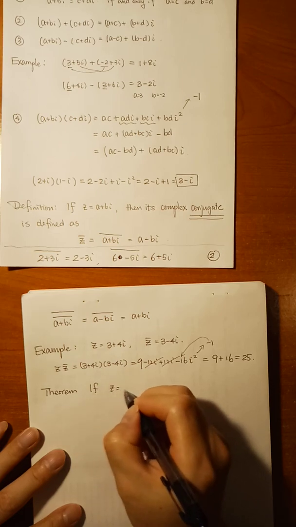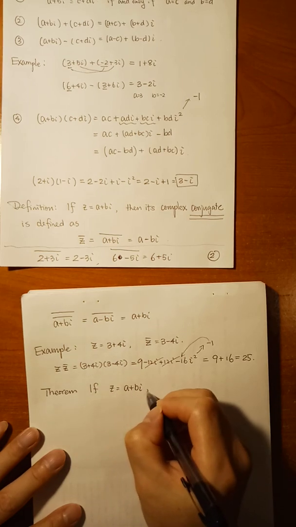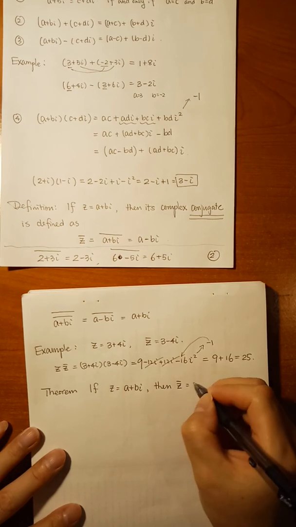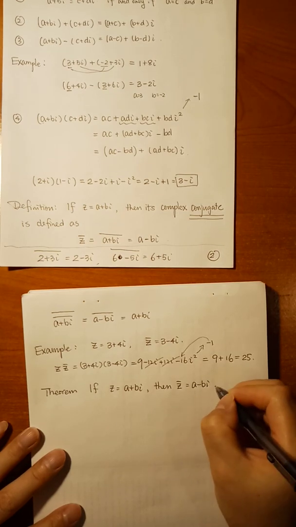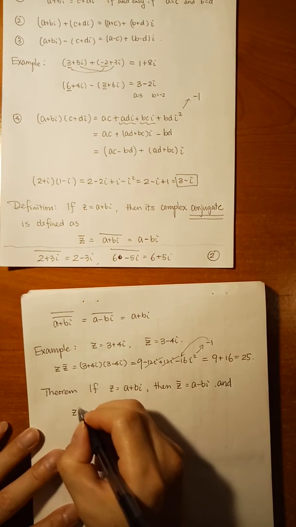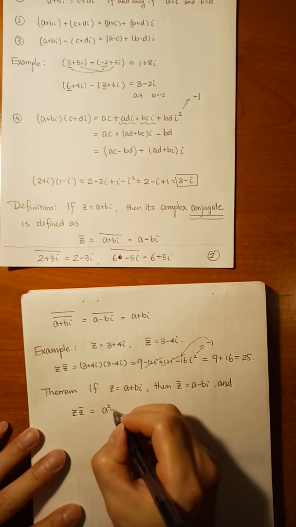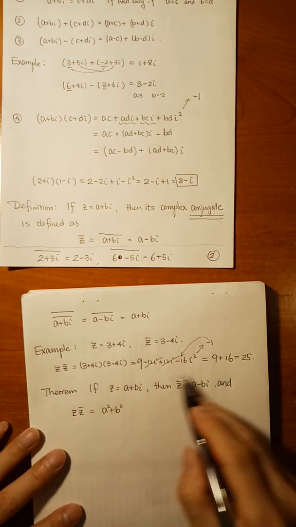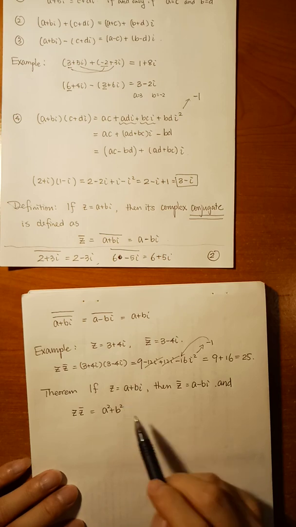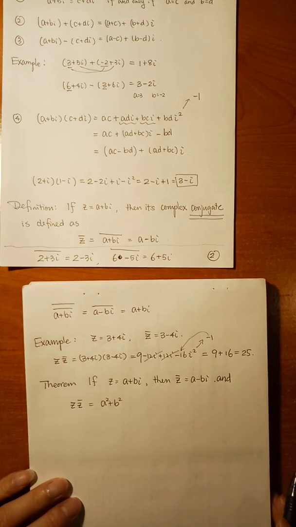If z is a plus bi, then z bar is a minus bi, and z times z bar is equal to a squared plus b squared. That's exactly the computation. We just change 3 to be a, 4 to be b, and you will get the same thing.